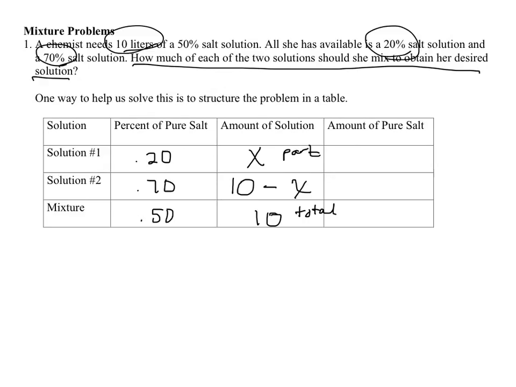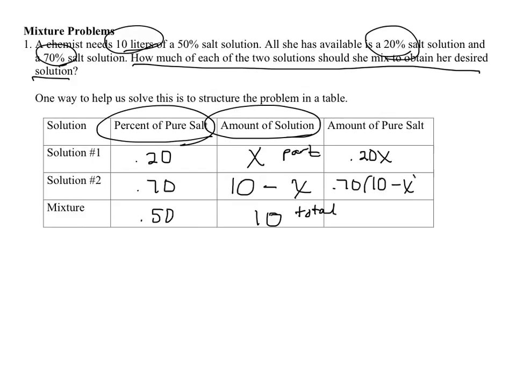So the amount of pure salt is the percentage of pure salt times the amount of the solution. That's why I love this table so much. So it's 0.20x, 0.70 times the quantity 10 minus x, is equal to 0.50 times 10, which is 5.